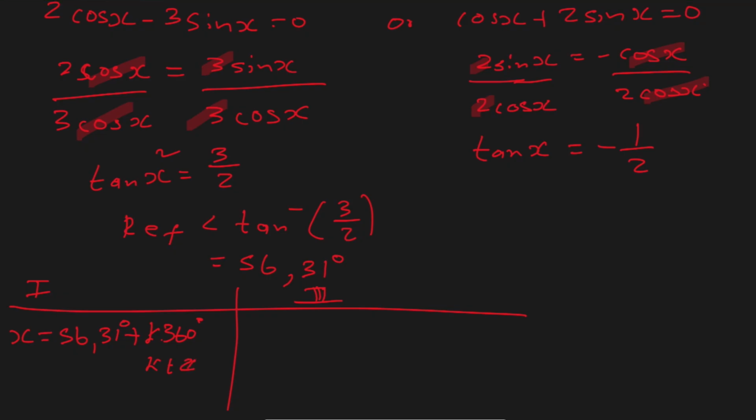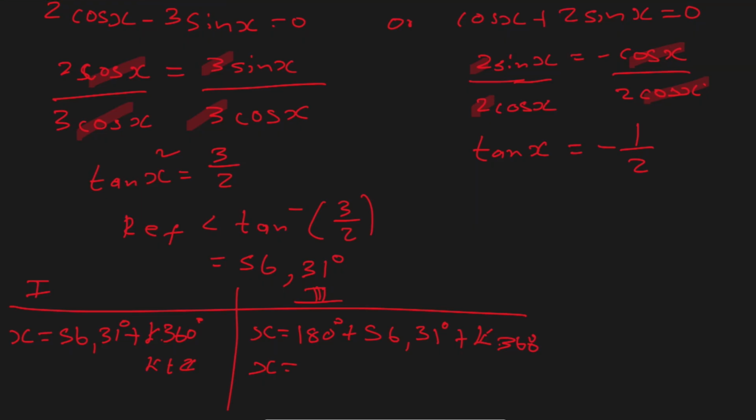And then on the third quadrant, remember that what we have is 180 plus the reference angle. So now this is going to be plus k times 360. Okay, so now the value of x is going to be what?